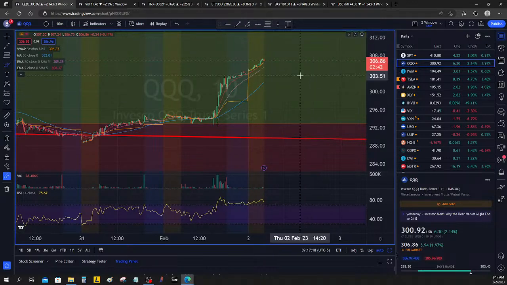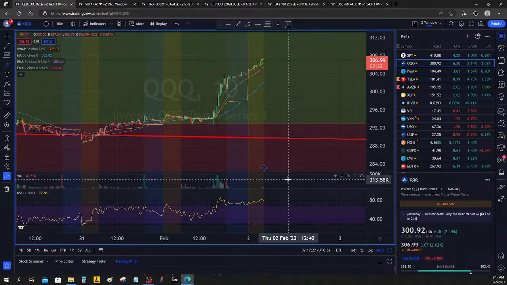But it's not a bad time to look for bullish setups. So that's what I'll be doing today. Of course, in a pre-market that's overbought, that's not the bullish setup.